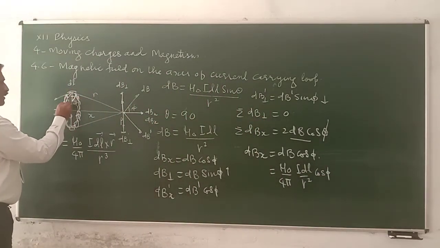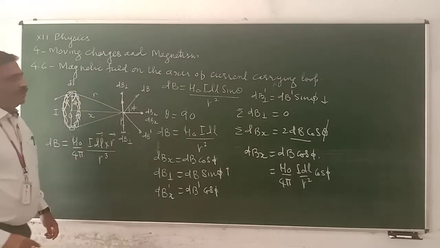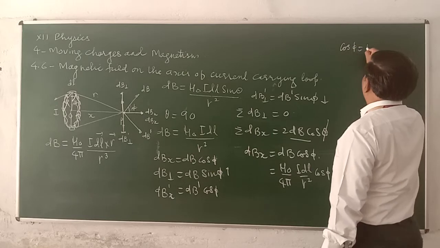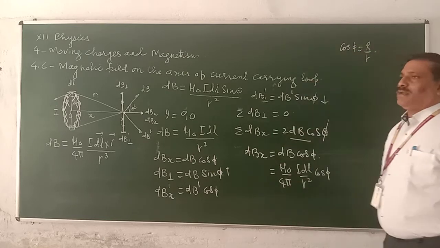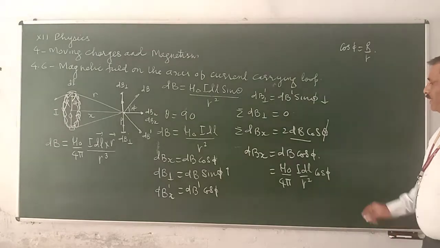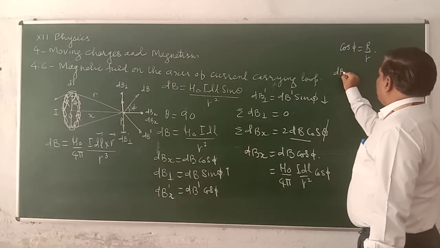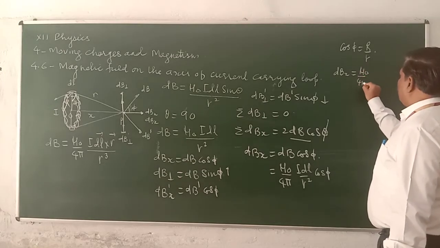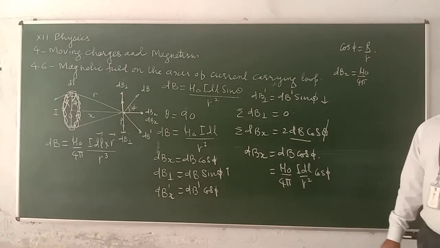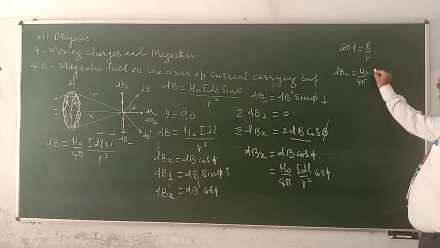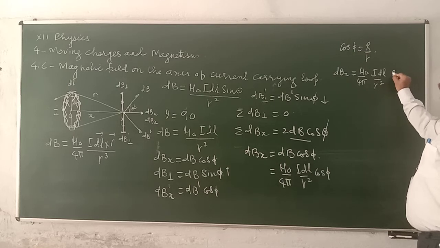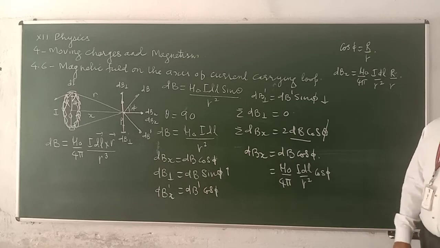Phi you can see, cos phi is equal to small r by capital R. We get it here.